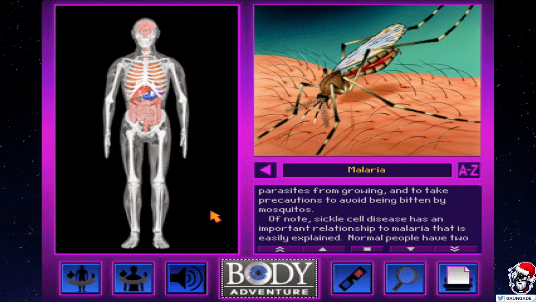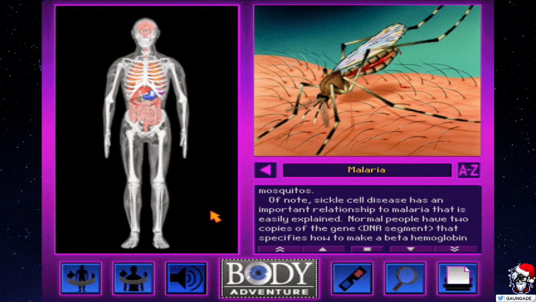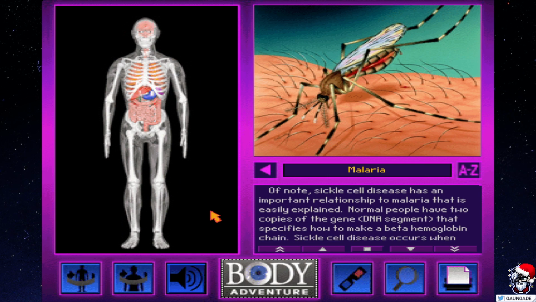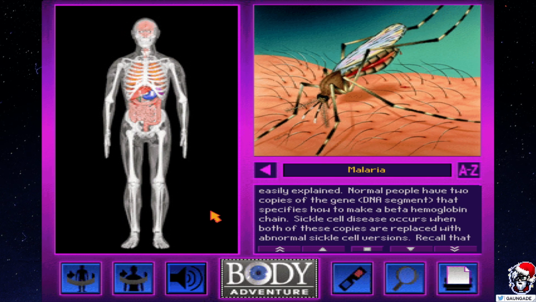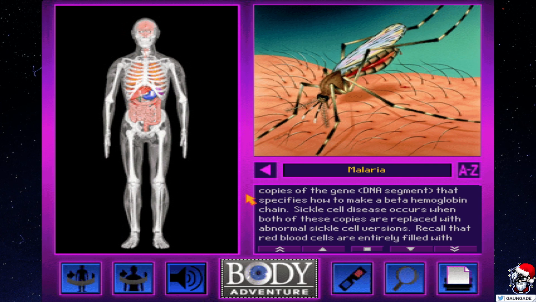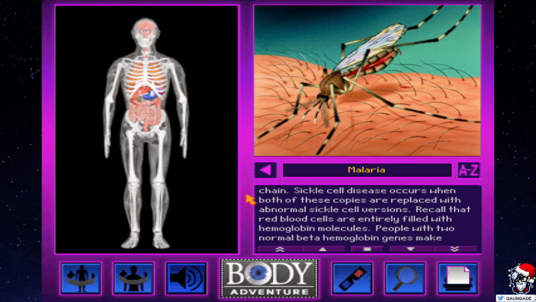Of note, sickle cell disease has an important relationship to malaria that is easily explained. Normal people have 2 copies of the gene, DNA segment, that specifies how to make a beta hemoglobin chain. Sickle cell disease occurs when both of these copies are replaced with abnormal sickle cell versions.